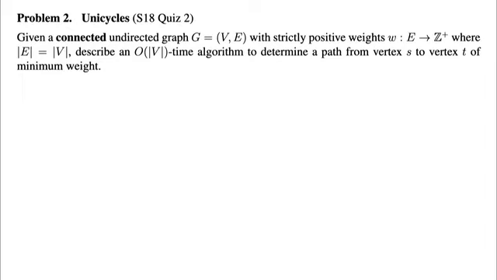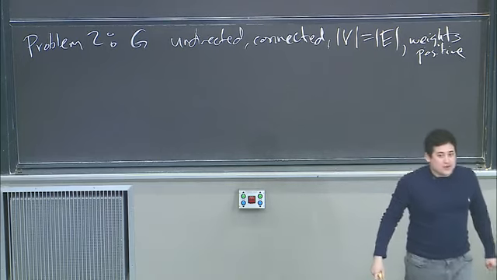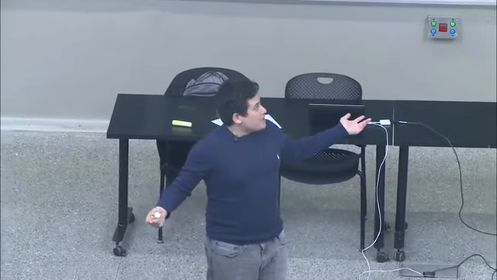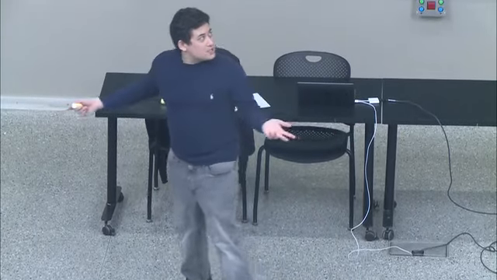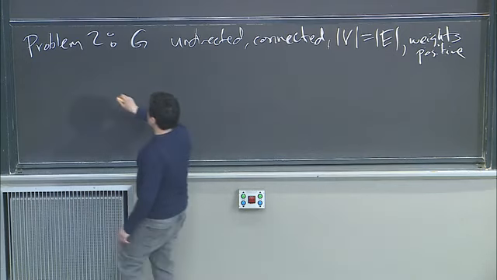Now, if we were just given this graph and wanted to solve this problem, a very easy way would be to just say, let's run Dijkstra on the graph, right? This is a graph. It has only positive edge weights. Idea 1, run Dijkstra. How long does Dijkstra take on this graph?